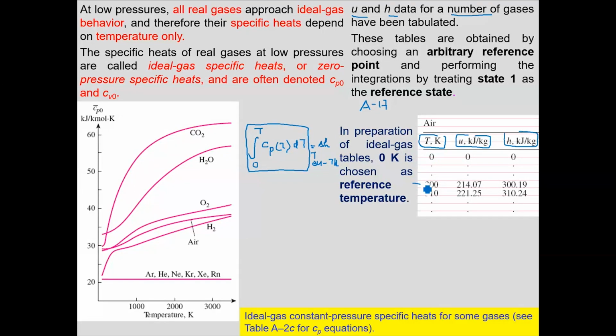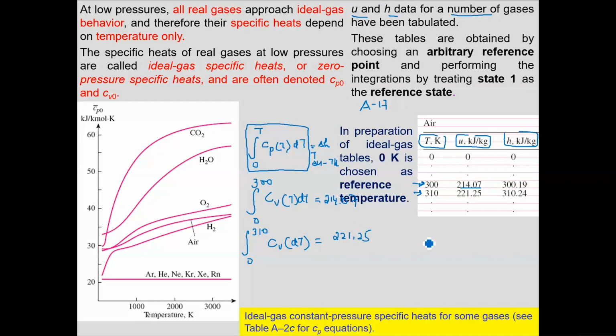And all the integrations have been done for you. So let's say I talk about 300 Kelvin and the value is 214. It means that from 0 to 300 Kelvin, the value of the integral of Cv dT for air is essentially 214.07. Similarly, at 310, from 0 to 310 the value of the integral is 221.25 kilojoules per kg.